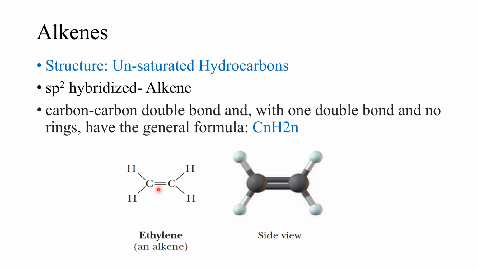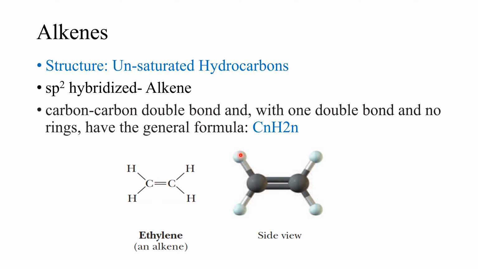So there is no other atom other than carbon and hydrogen. Now if you look at this, there are two bonds between the carbon and carbon. There is one sigma bond, which is the first single bond between the carbon and carbon, and the other one is the pi bond. This is the simplest alkene example, ethylene, which is its common name.